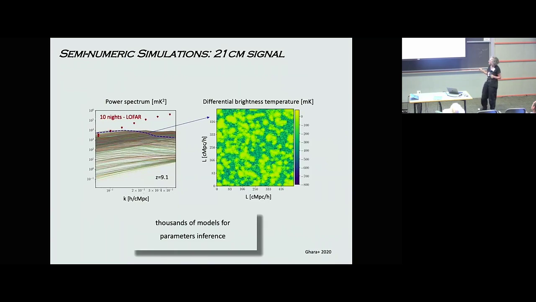These are upper limits from LOFAR at redshift 9, and the blue line corresponds to this specific differential brightness temperature map. As you see, there is already a little corner of models which are already excluded purely by upper limits from 21 centimeter observations. Similar efforts are also done within other collaborations, not just LOFAR.